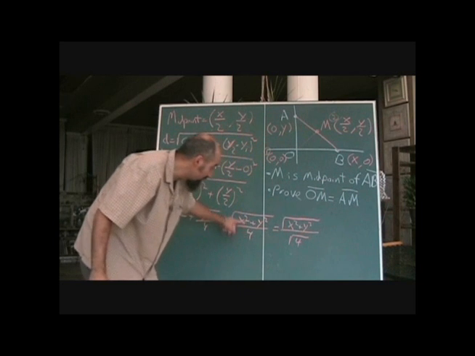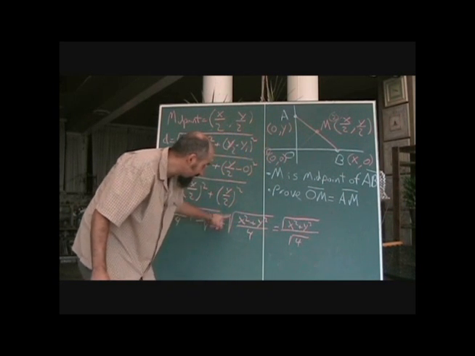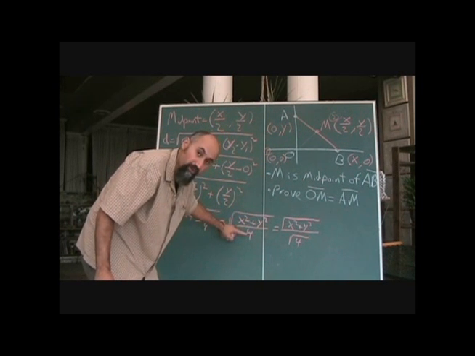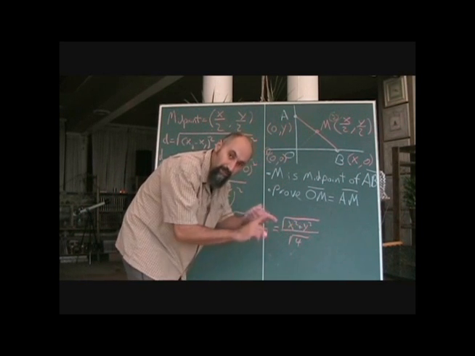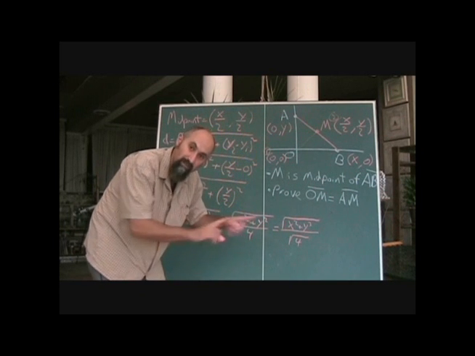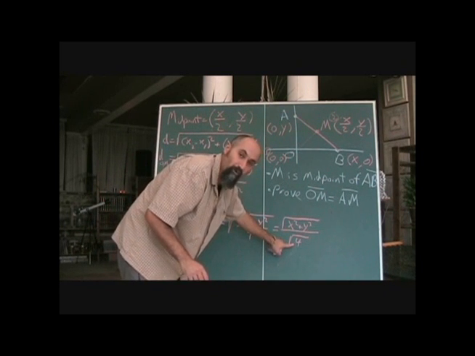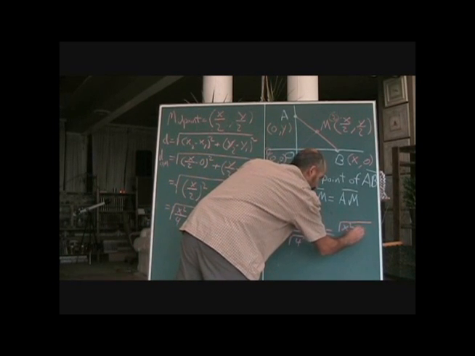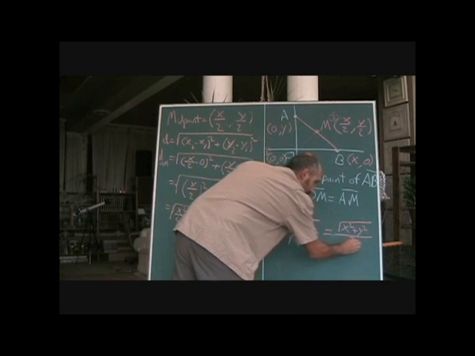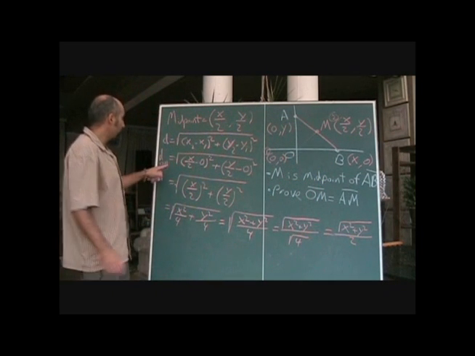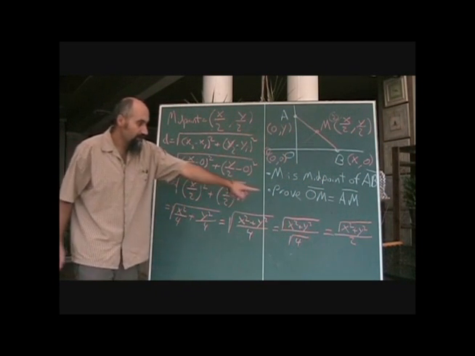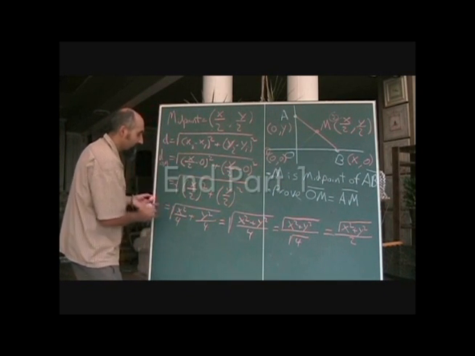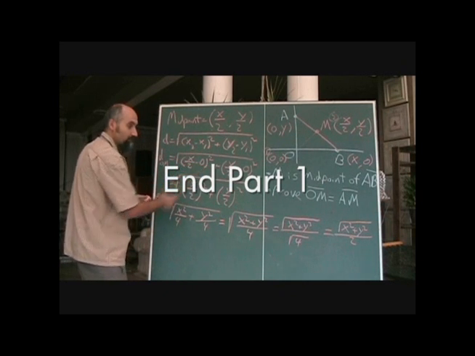But when it's division like this, you can take the square root of the top and the square root of the bottom. Addition or subtraction attaches two things; with division and multiplication, you can separate them. The square root of 4 is just 2, so this becomes the square root of x squared plus y squared, over 2. We've just figured out that the distance OM is the square root of x squared plus y squared over 2. I'm going to erase these and put that up here because we know what that answer is.